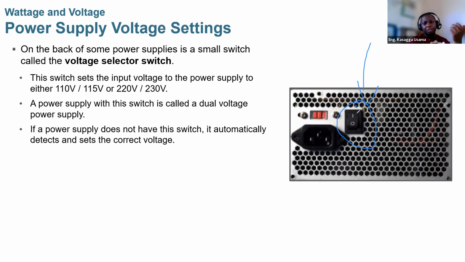So we always use it whenever we want to use it in our machine. It is very important to know how it is used. This switch sets the input voltage to the power supply, and that depends on the type of power that you have: 110 volts or 220 volts.